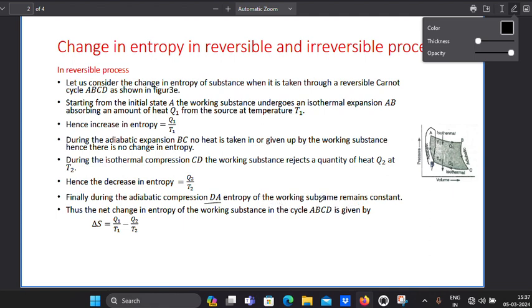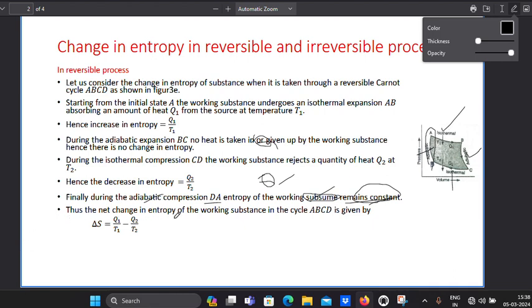The working substance remains at constant heat energy, whether it is expansion or compression. In adiabatic processes heat energy is constant, so entropy is also constant. That means entropy is constant in adiabatic expansion and adiabatic compression. Entropy increases in isothermal expansion and decreases in isothermal compression.